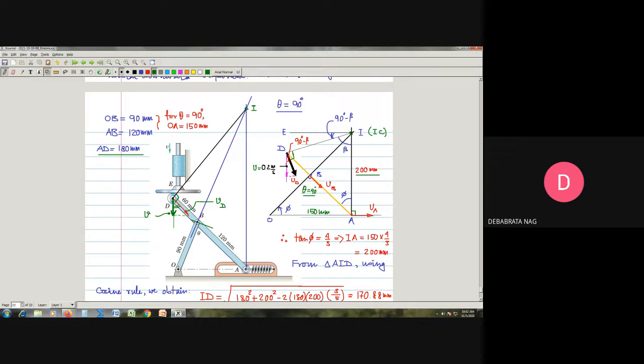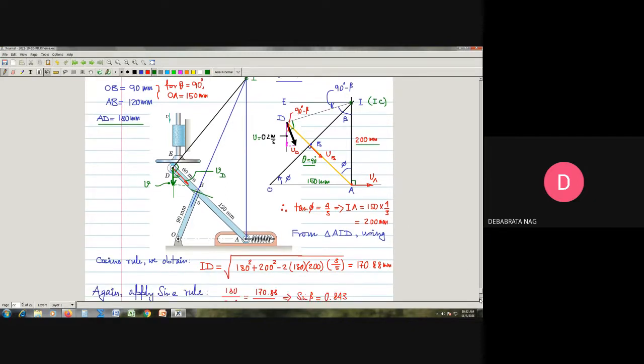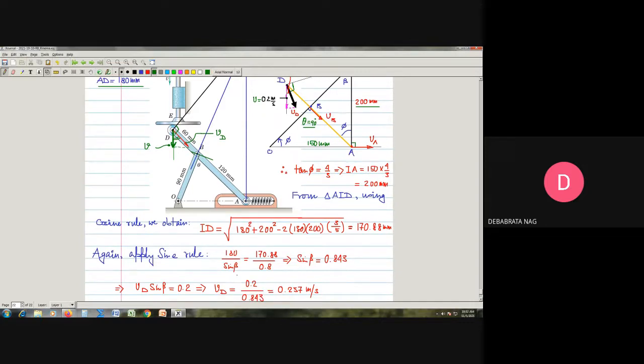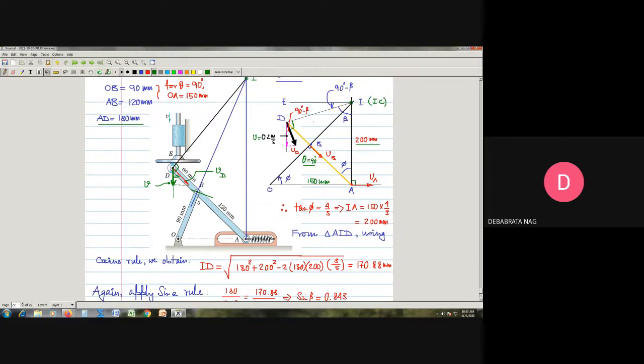So 170.88 divided by 0.8 must be equal to 180 divided by sine beta, because AD is 180 and this is the angle. Just applying the sine rule, sine beta turns out to be 0.843.